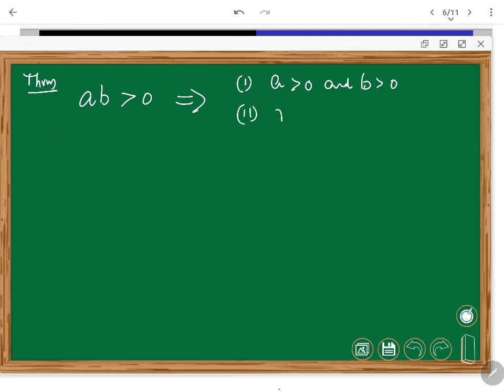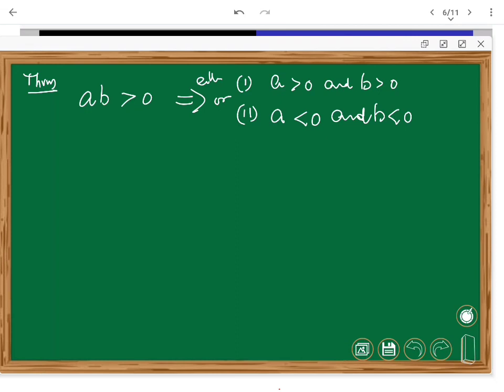Otherwise, if A is less than 0, then automatically B also should be less than 0. These are the possibilities. So that is the theorem: if the product of two real numbers is strictly positive, then either A greater than 0 as well as B greater than 0, or A less than 0 and B less than 0.